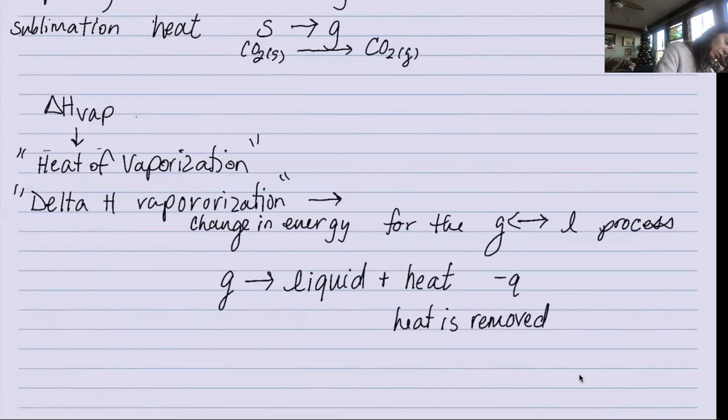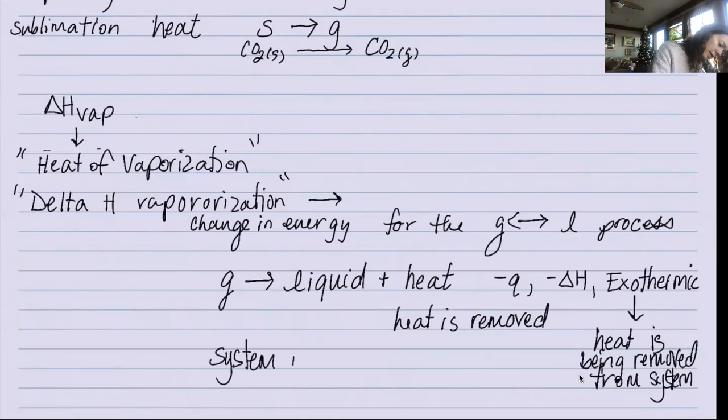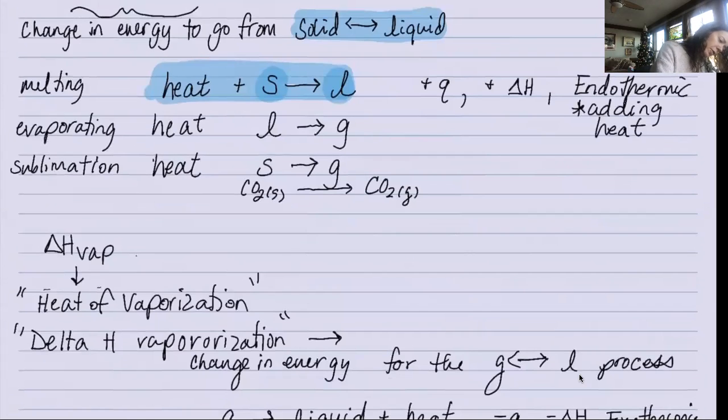We have a negative Q, we have a negative delta H. It is exothermic, and what that means is heat is being removed from the system. So the system is losing kinetic energy. Up here we would say that the system is gaining.